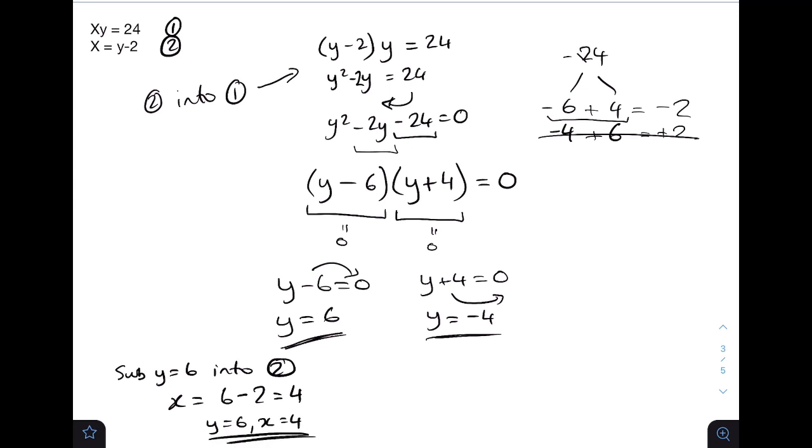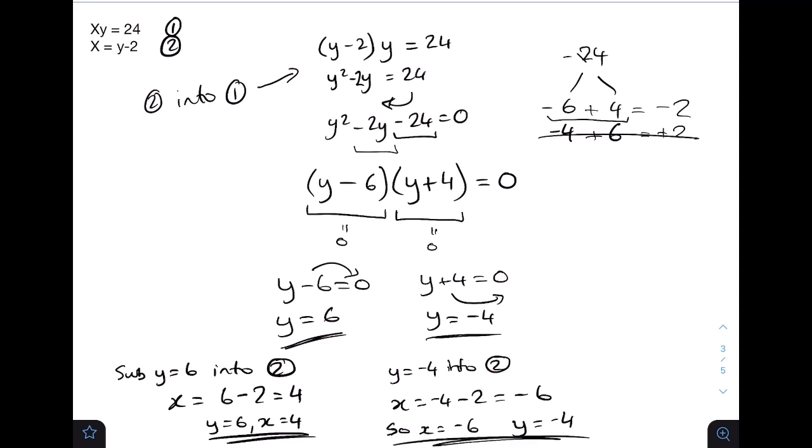And then y equals minus 4 into 2. x is equal to minus 4 minus 2, which is equal to minus 6. So when x is minus 6, y is minus 4. And that's your pair of solutions for this example.